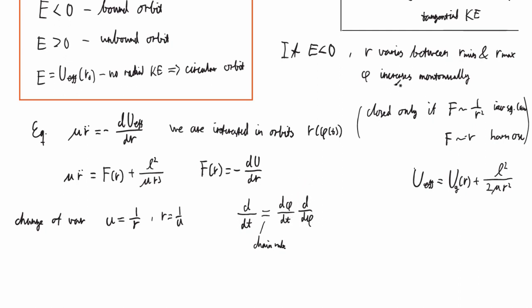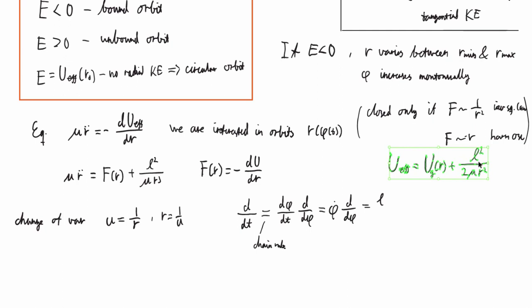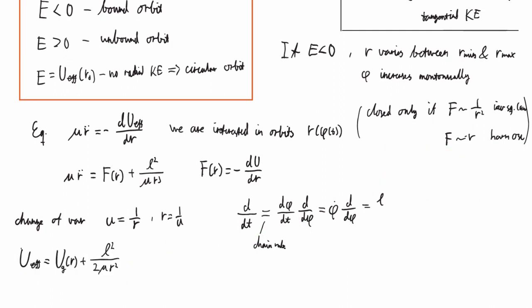And here it's convenient that phi increases monotonically. This has a given sign, positive or negative. So that is then equal to phi dot d d phi, and then we make the change of variables here.